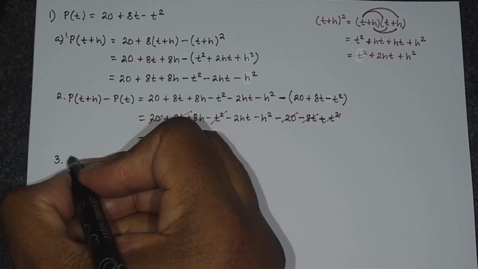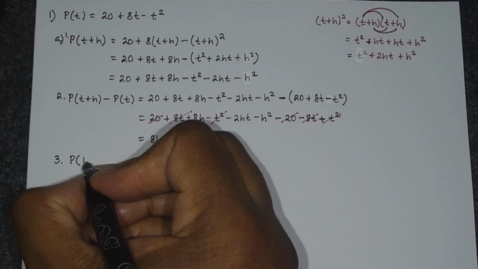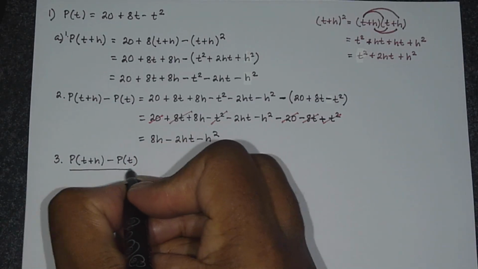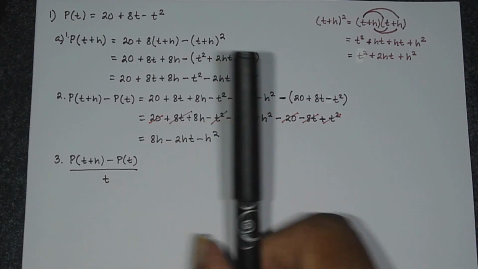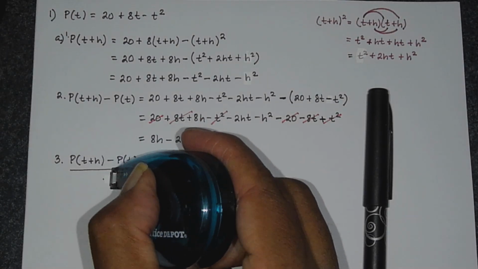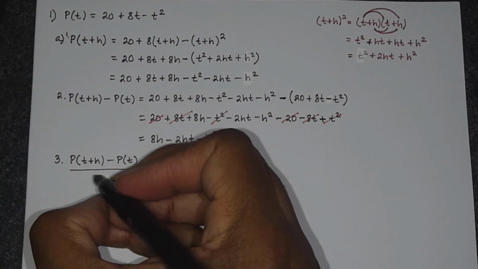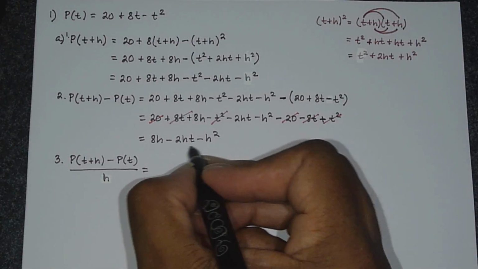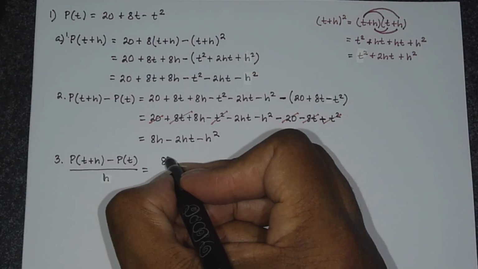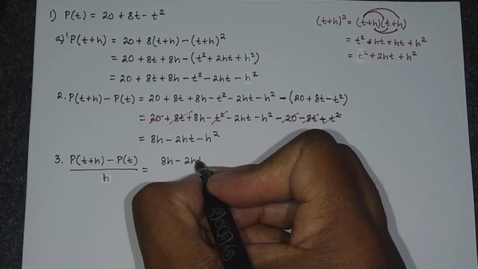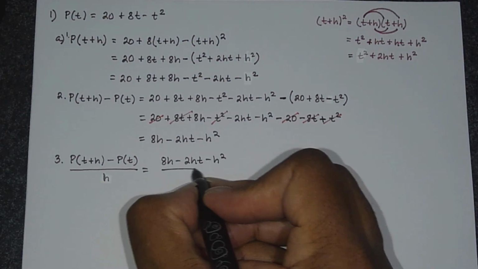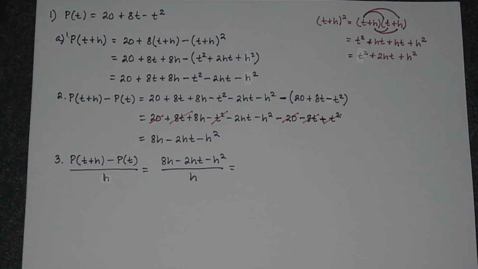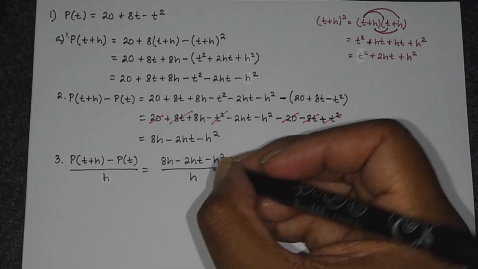Now, step number 3 is taking that P of T plus H minus P of T, dividing all of that by H. So P of T plus H minus P of T, that's this part right here, the 8H minus 2HT minus H squared. All that's divided by H. Now, in the numerator, what term can I factor out?